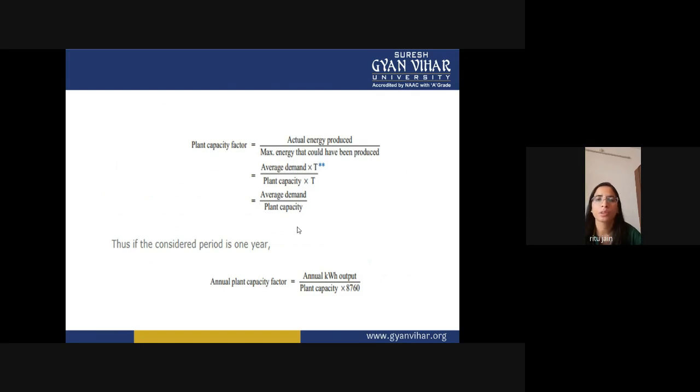It is also average demand upon plant capacity. To find the plant capacity factor for one year, annual plant capacity factor is equal to annual kilowatt hour output upon plant capacity times total hours in a year.